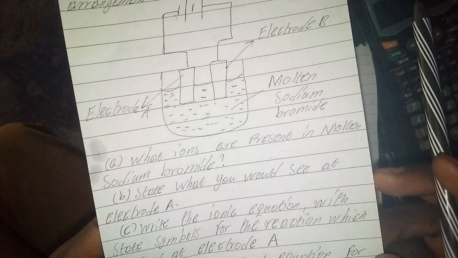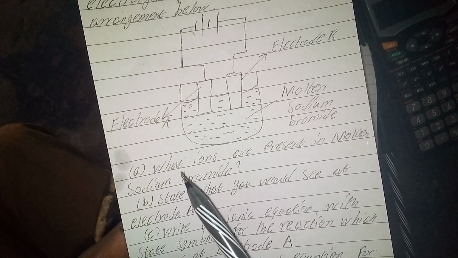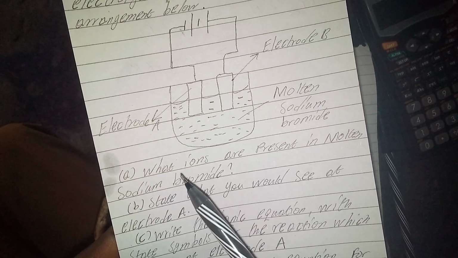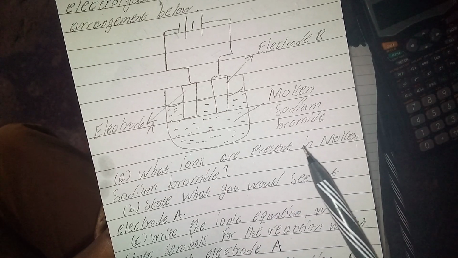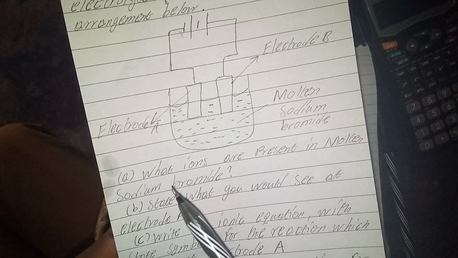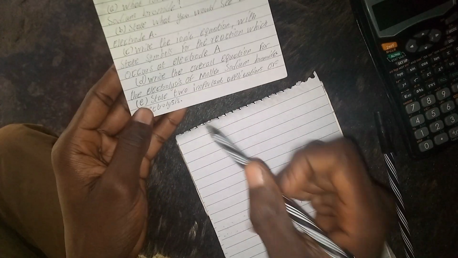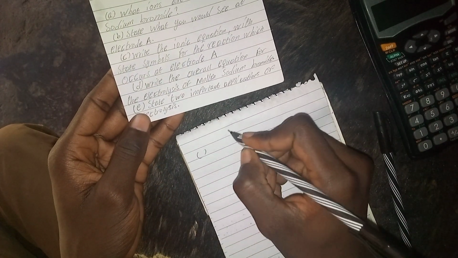So moving on to question 1, which asks what ions are present in molten sodium bromide.